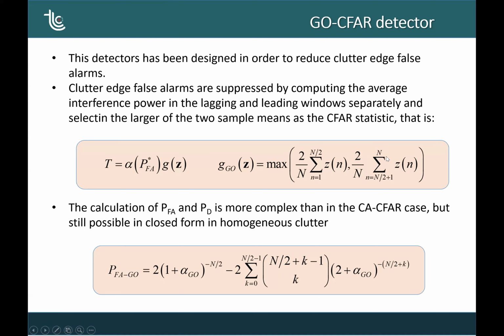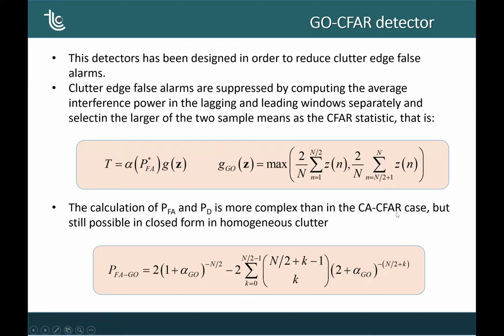These are the lagging and these are the leading cells. So it is called greatest of, because between the two averages, the G is set choosing the maximum of the two. So instead of having the average on all the n cells, we have two averages and we take the maximum of the two for the G coefficient.